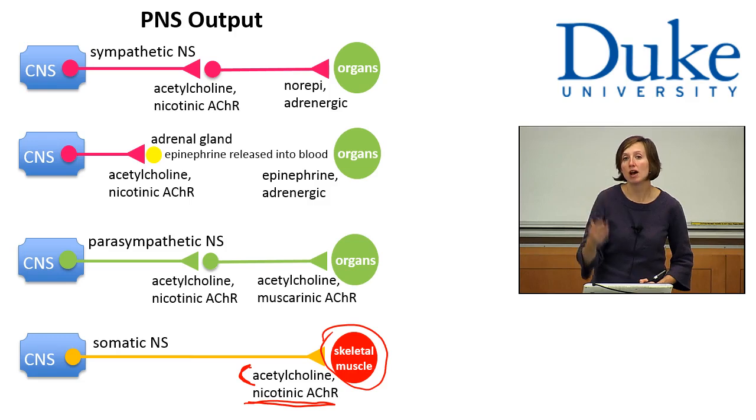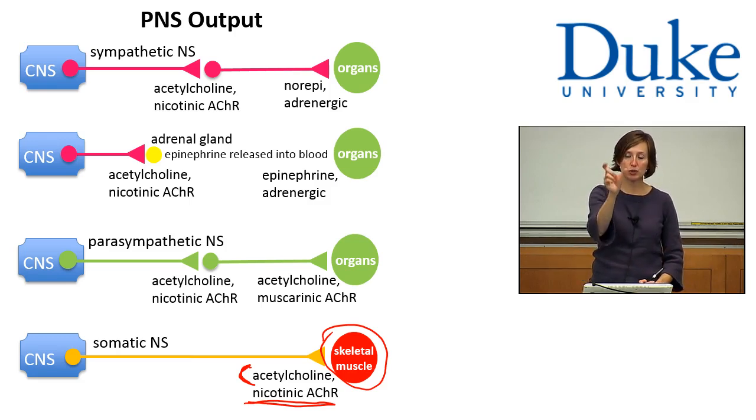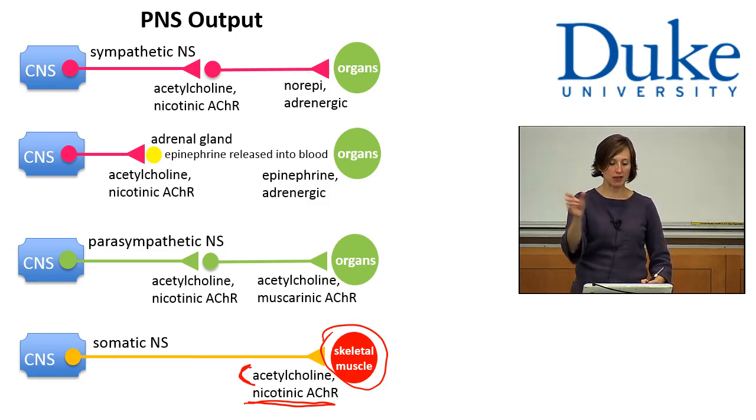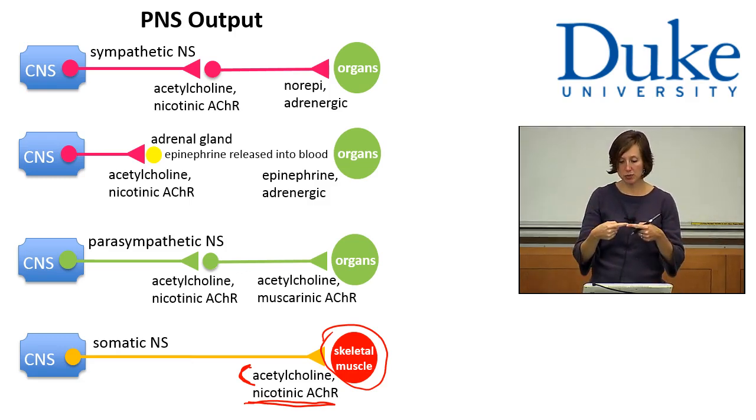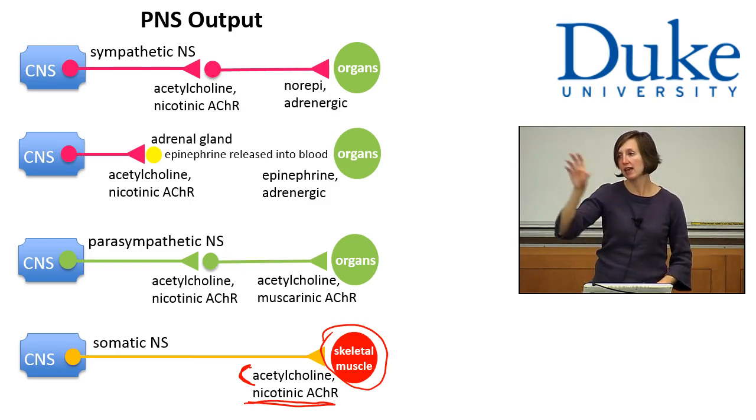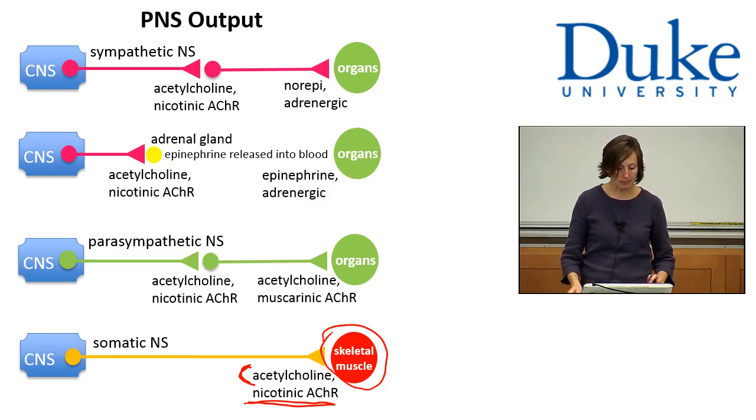The autonomic nervous system uses two neurons in series, and that's what's shown in this diagram, where the first neuron is sitting in the central nervous system, and then it synapses with a second neuron that then leads to the tissue or the organ.